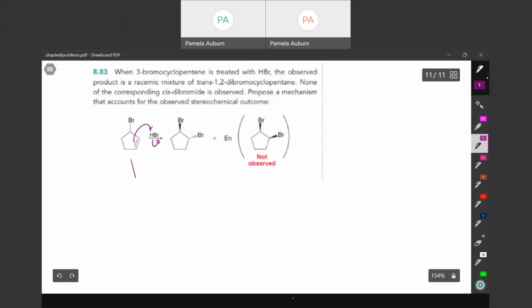And what that's going to get me, since HBr is going to add Markovnikov, and I've added a hydrogen here, which I'll just do that to make it explicit. So you've added a hydrogen here. So now there are 2 hydrogens on this guy. So I have a carbocation and it's next to the bromine.